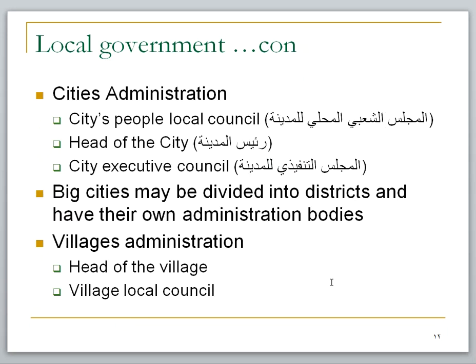The same here, we will see the same arrangements or structure for the cities. We have مجلس الشعب المحلي للمدينة اللي هو city people local council, head of the city executive council and so on. You see this chapter is about lists of the structure, organization of the whole state. الدولة متكونة من ايه؟ يعني محتاجة حفظ.